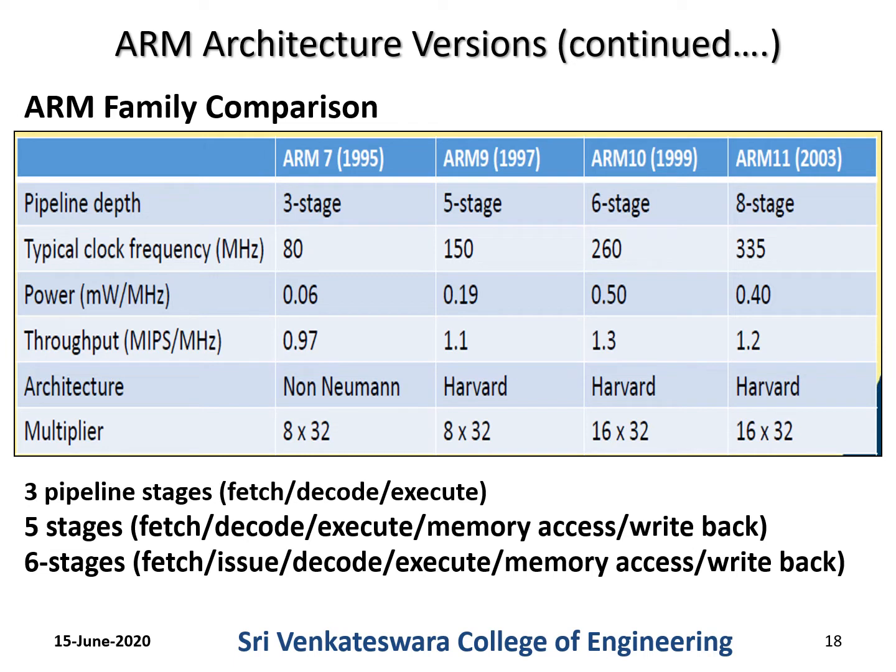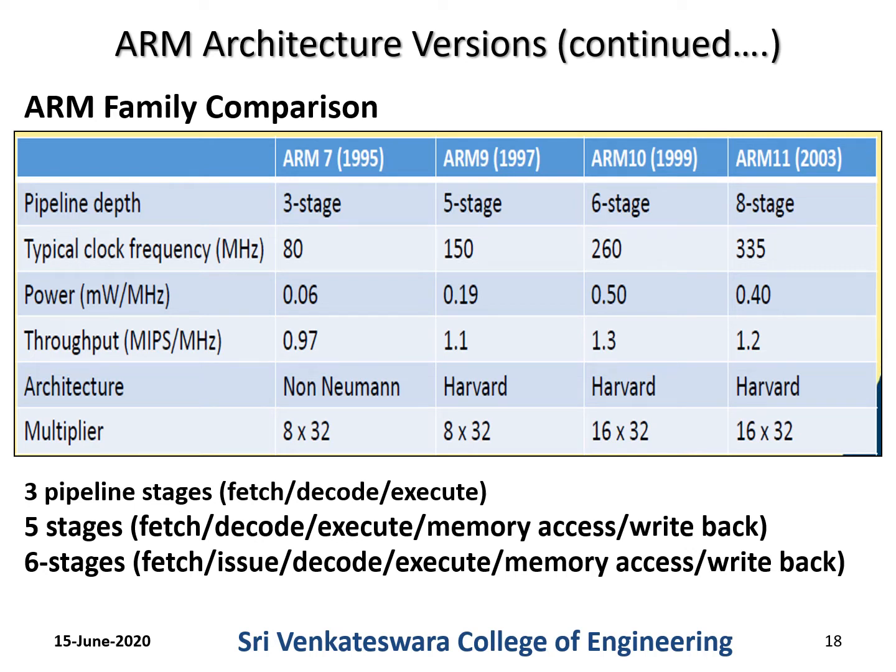Here we can see a comparison of ARM family processors. ARM 7, ARM 9, ARM 10 and ARM 11 are compared with respect to pipeline depth, clock frequency, power, throughput, architecture and multipliers.